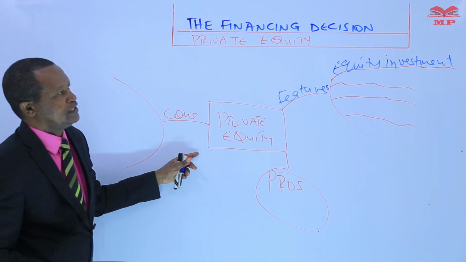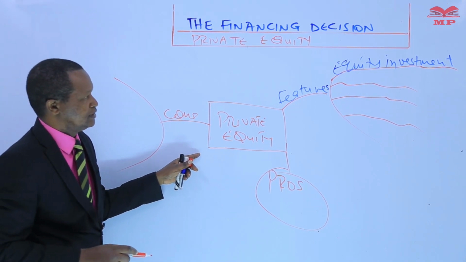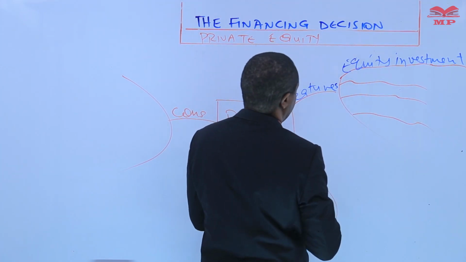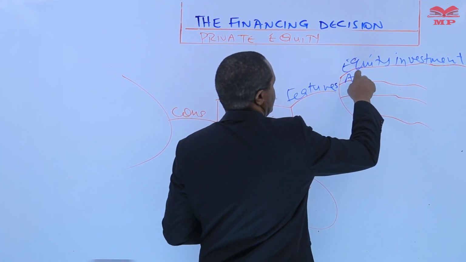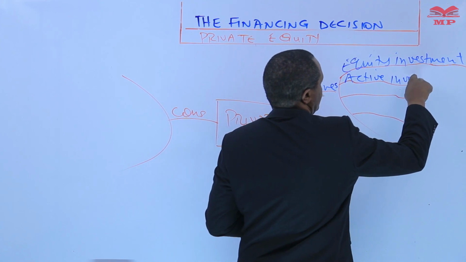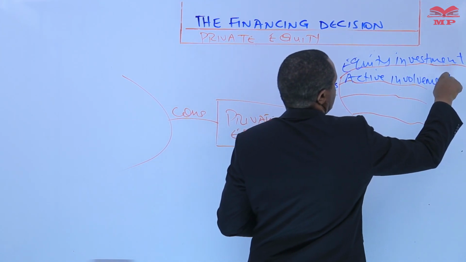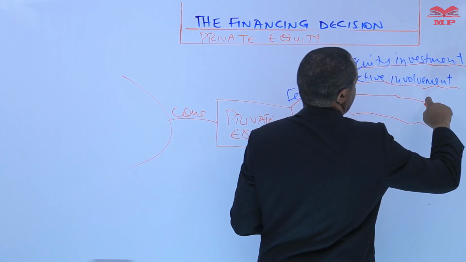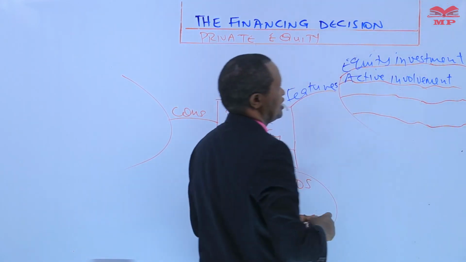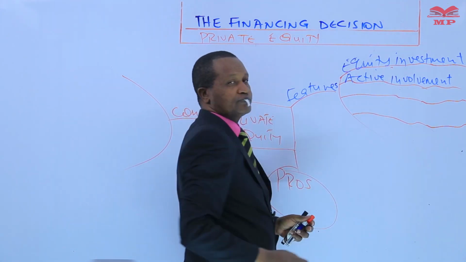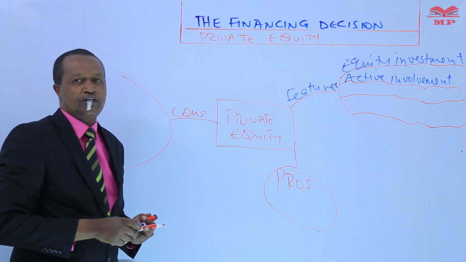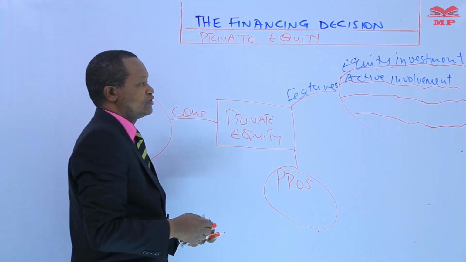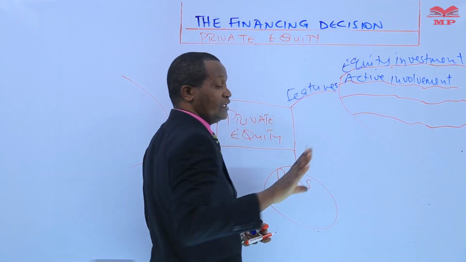Now, the second feature is active involvement. What does that mean? Private equity firms often take an active role in the management and the strategic decisions of the companies that they invest in.